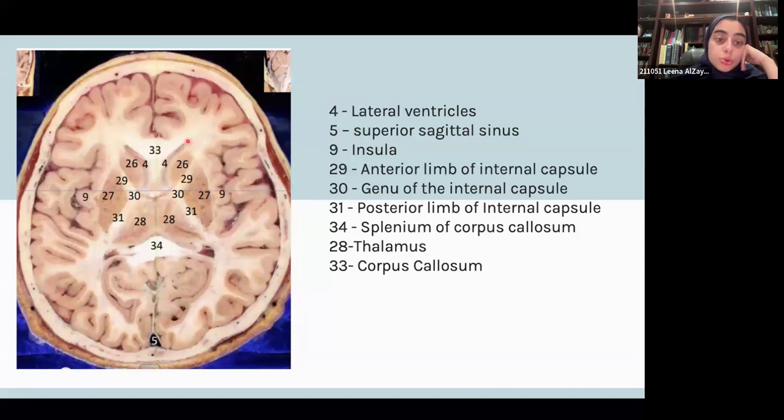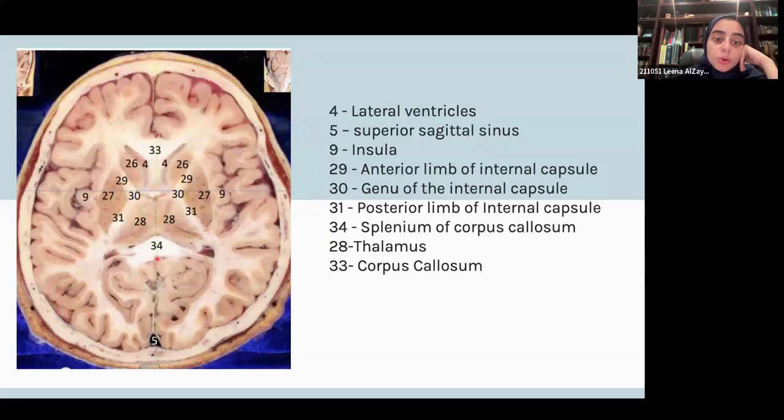As I said, 4 is the lateral ventricle. 26 is not indicated, and then over here, 29, 30, 31 is internal capsule. This is the anterior limb, this is the genu of the internal capsule, and this is the posterior limb. Same on the other side. 27 is probably basal ganglia, 9 is the insula, 28 is the two thalami, and 34 is the splenium of the corpus callosum. What is the splenium of the corpus callosum?